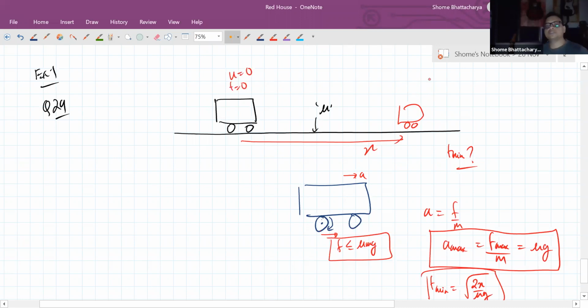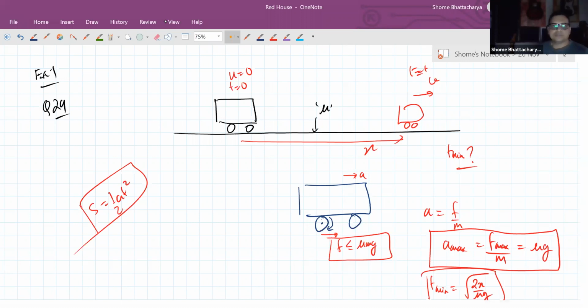By the time you reach here, you have velocity v at t equal to t. So your displacement is equal to half a t square. This is the equation we are using. So hope this is clear.